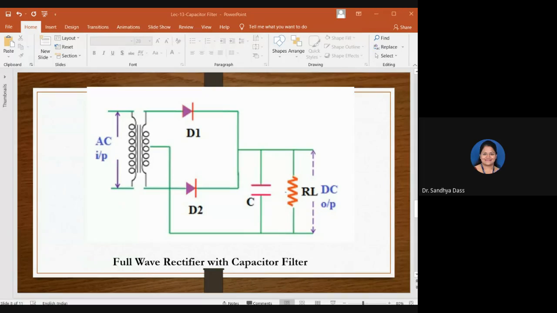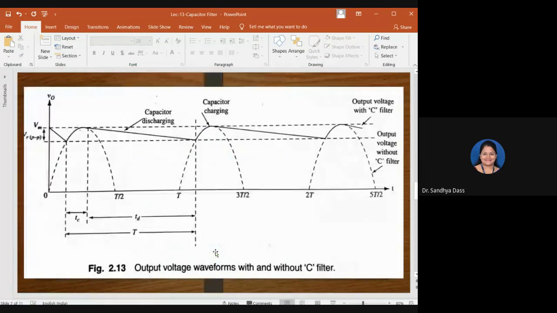Otherwise, how will I understand? Okay, let me go back and explain this operation again. Do you want me to repeat? This might be repetition for those who have understood. Else I'll go ahead with full wave rectifier and filter. Okay, I'm repeating. Please pay attention.